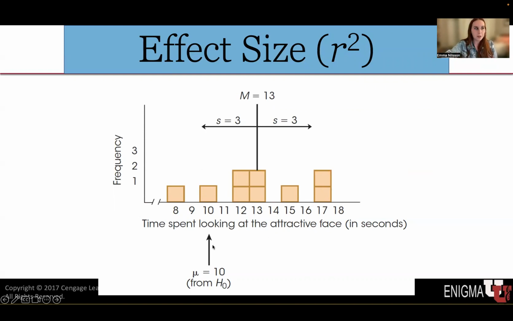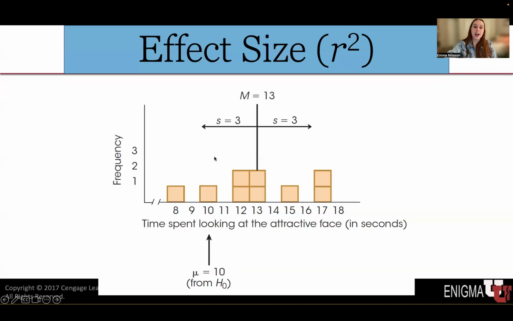But we can see, because of the data in this figure, it's figure 9.5 from the textbook that we're using, the scores are not actually centered around the hypothesized population mean. Instead, they're centered around the sample mean of 13. They're shifted a little bit to the right, right? The shift from what we expected the center to be to what it actually is, that is our treatment effect, the shift to the right.